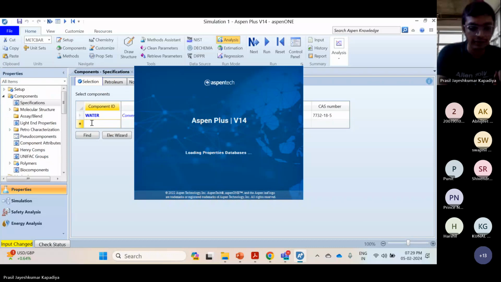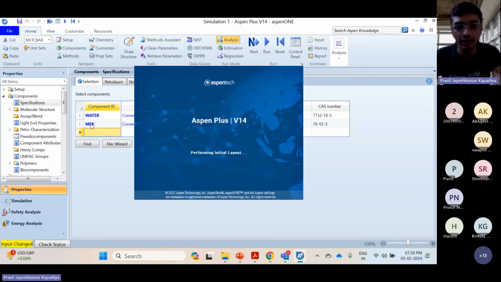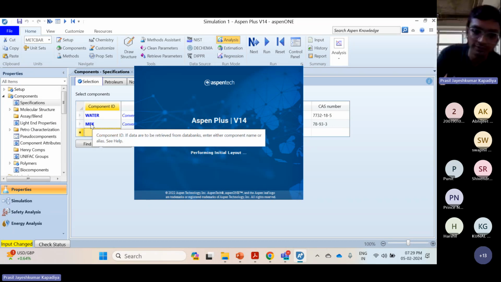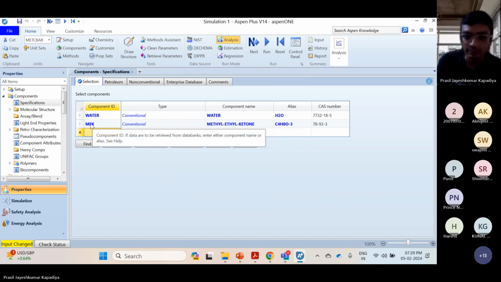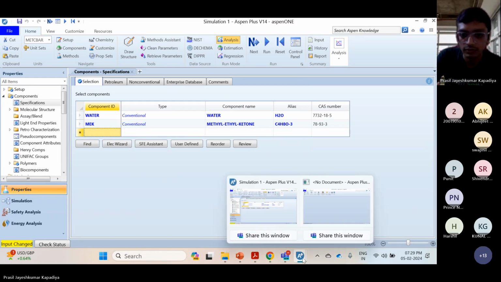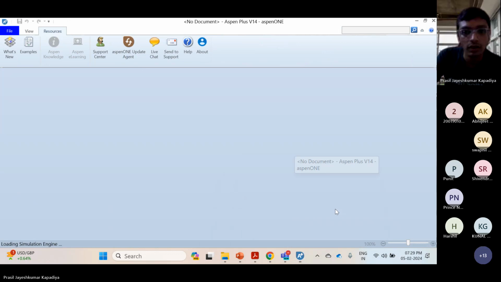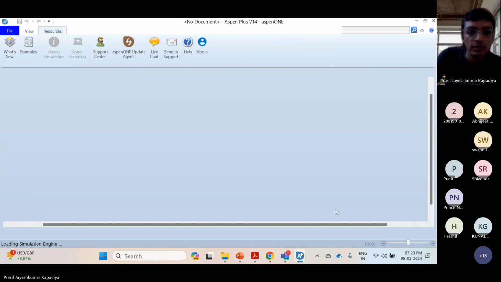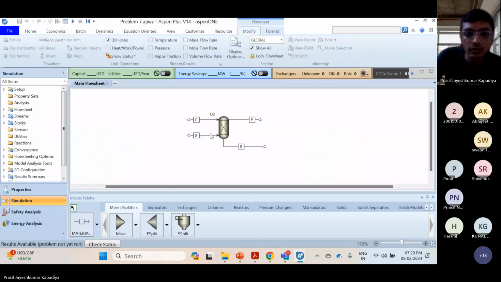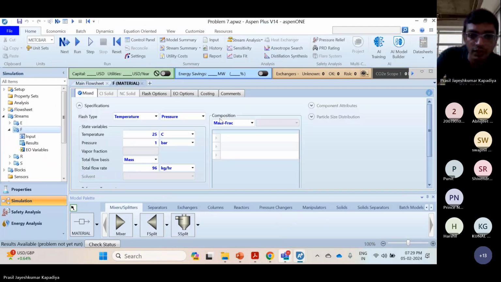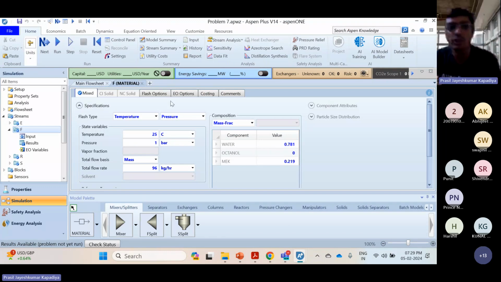Water, then MEK, methyl ethyl ketone, and just wait for a minute. Yeah, it is octanol, N-octanol.